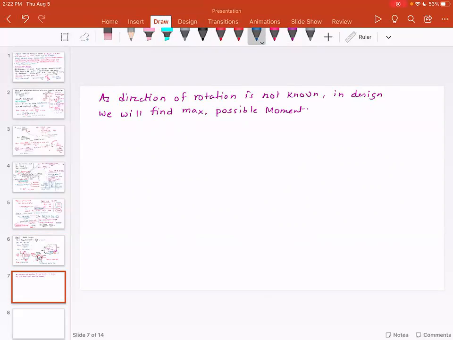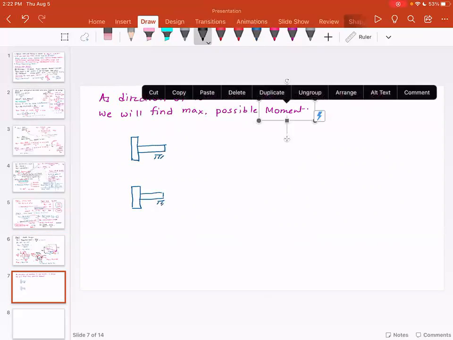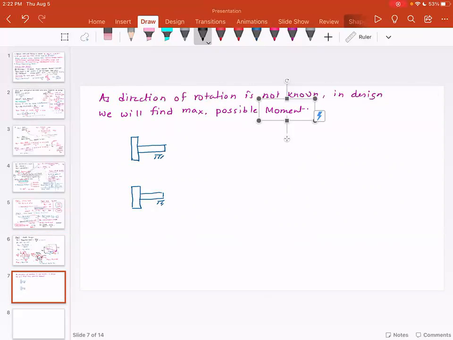So if I were to draw the front view, and if I were to draw the top view, and again, you can split it depending upon how you want to do it, but I'm going to assume that this is the axial load.